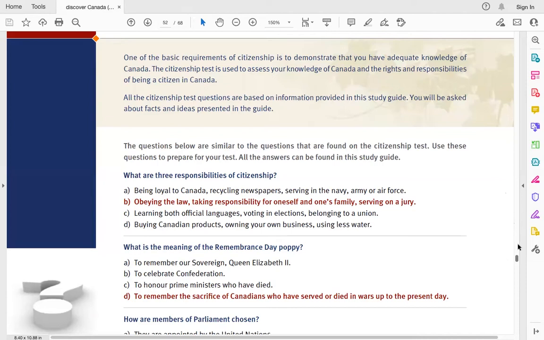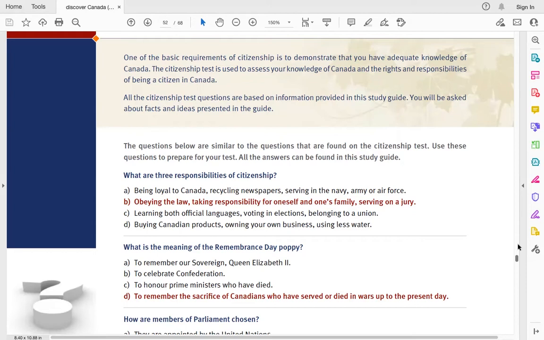What are the 3 responsibilities of citizenship? A, being loyal to Canada, recycling newspapers, serving in the Navy, Army, or Air Force. B, obeying the law, taking responsibility for oneself and one's family, serving on a jury.